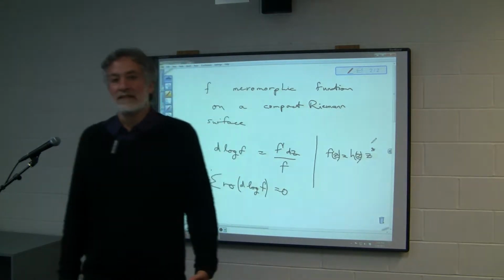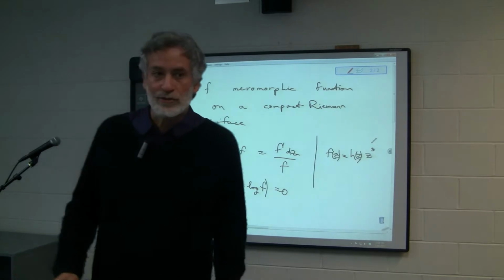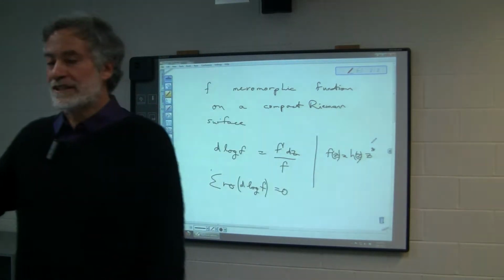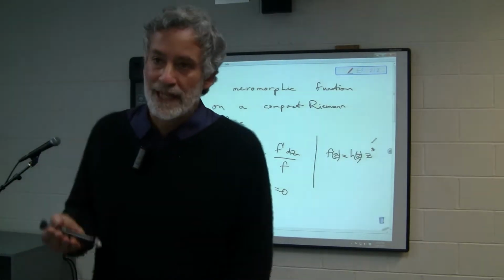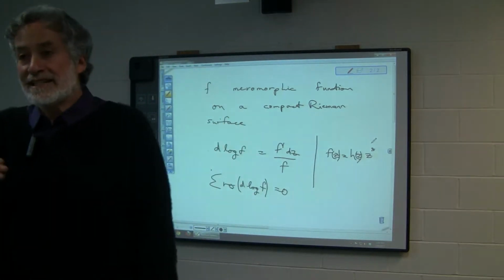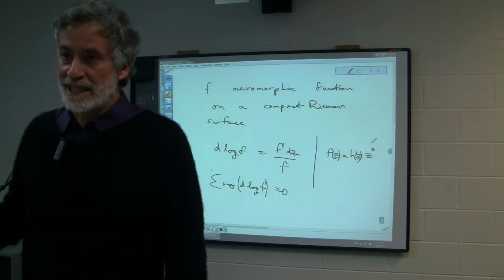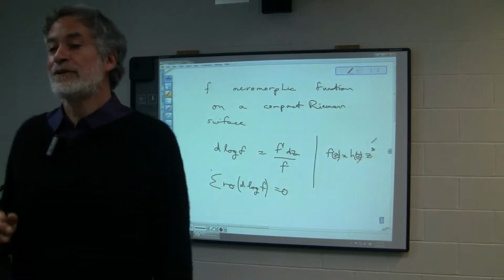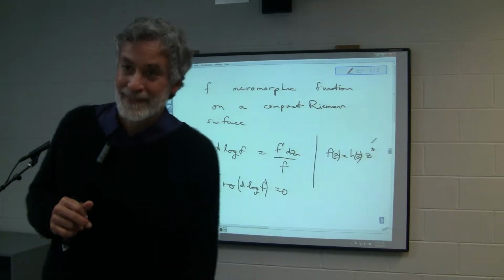The logarithmic derivative of z to the n is n times the logarithmic derivative of z, and the logarithmic derivative of z is 1 over z.